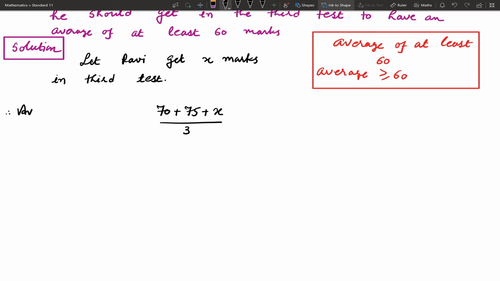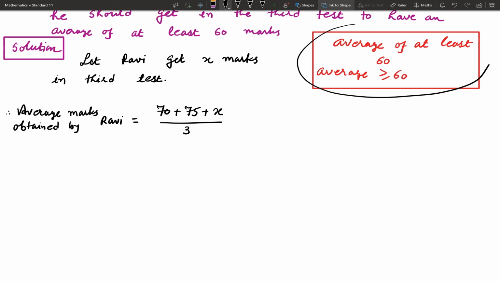Therefore the average marks obtained by Ravi is equal to, and according to the given condition this average should be at least 60.